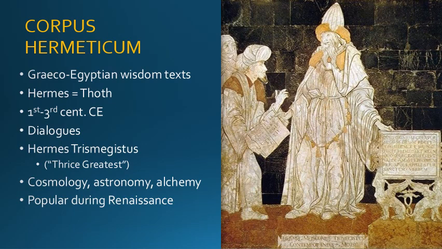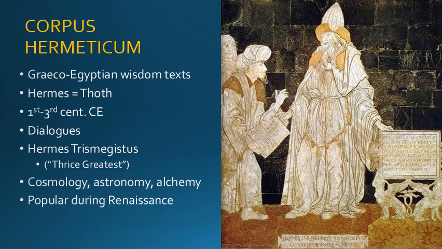This term Trismegistus means thrice greatest, and in ancient Greek, if you wanted to refer to something in the superlative, as the ultimate representation of a particular quality, you could say three times something.